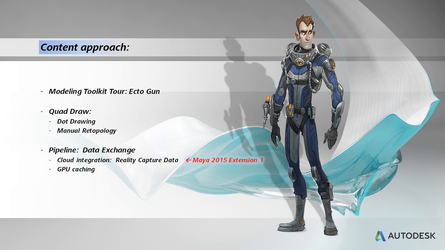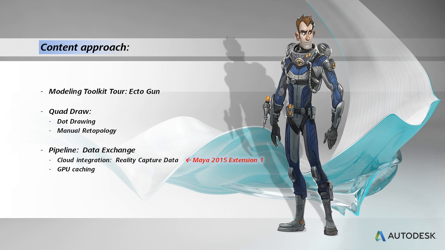So the content approach to this webinar, as I mentioned, we're going to build a gun essentially from really basic shapes. We start with a cube and do a modeling toolkit tour of some of the features available. The Quad Draw tool, we're going to focus a little bit on that. What I refer to as the two main ways of working: this dot drawing approach and manual retopology.